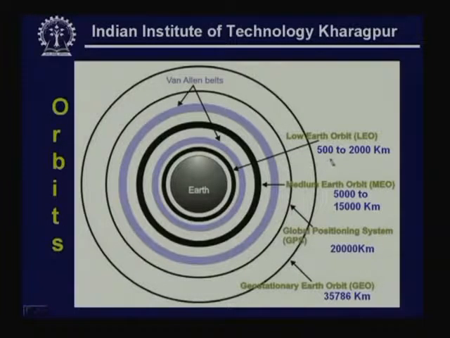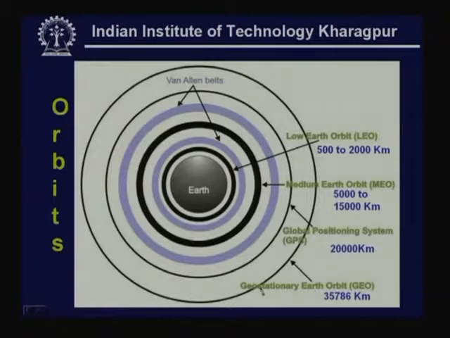So, the altitude is 500 to 2000 kilometer. On the other hand, the medium earth orbit, which is between the two Van Allen belts, is from 5000 to 15,000 kilometers. These are known as medium earth orbit, or MEO, satellites.